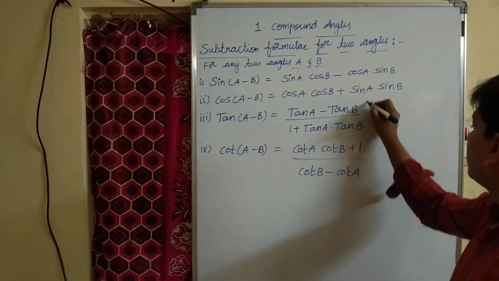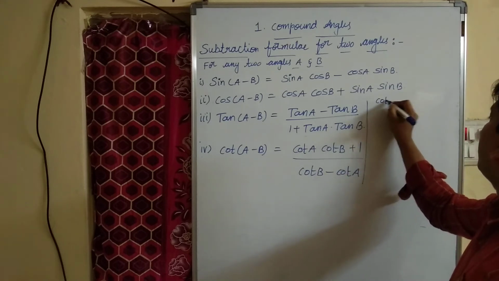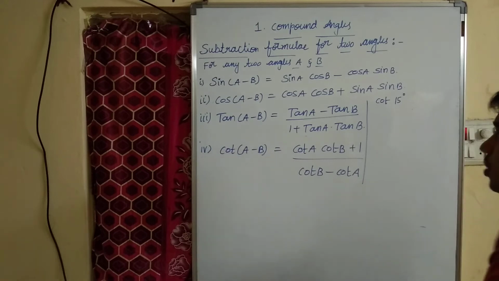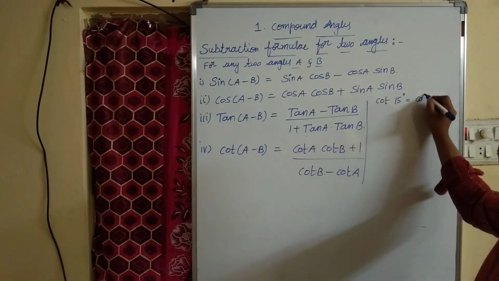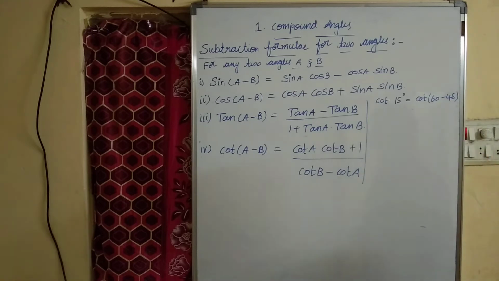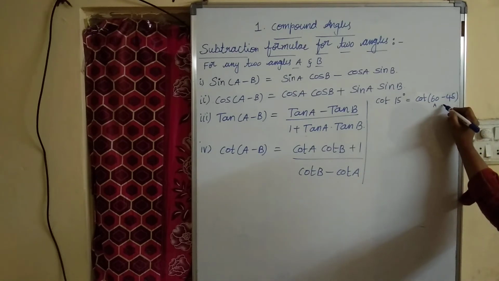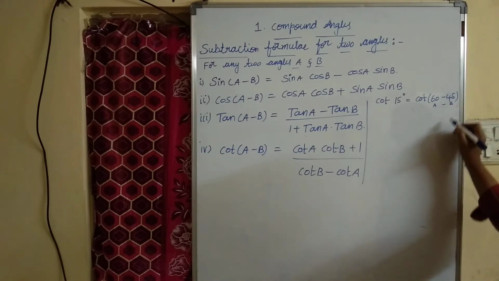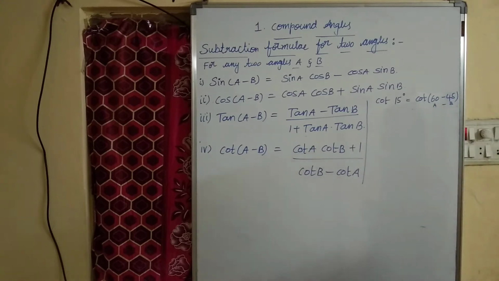Okay. Now let us find the value of cot 15 degrees. Cot 15 I can write as cot of 60 minus 45. Children, this is in the form of cot A minus B. Here A value is 60 degrees and B value is 45 degrees.